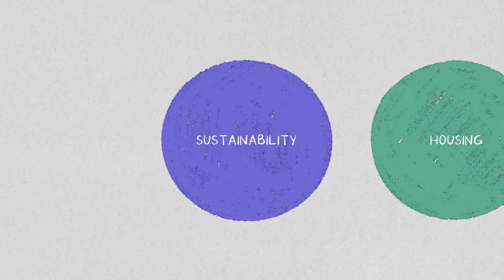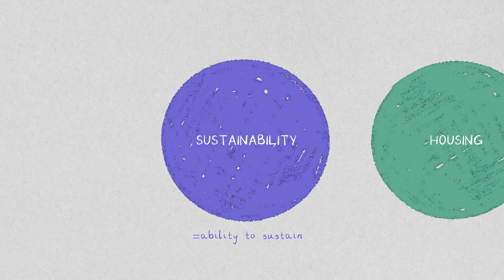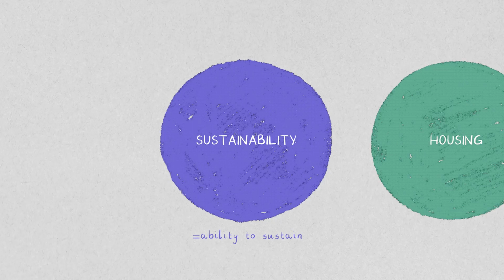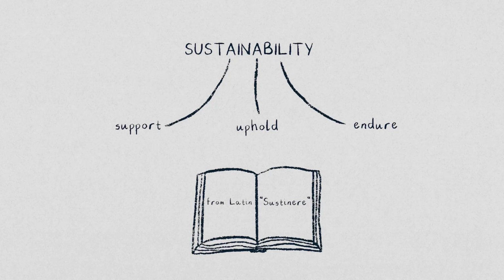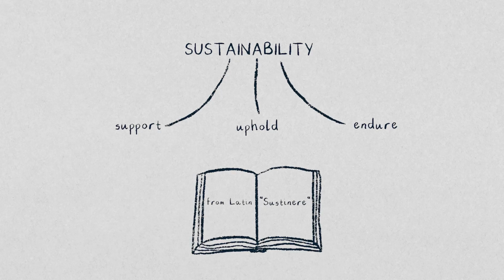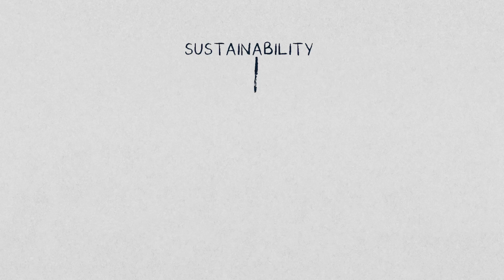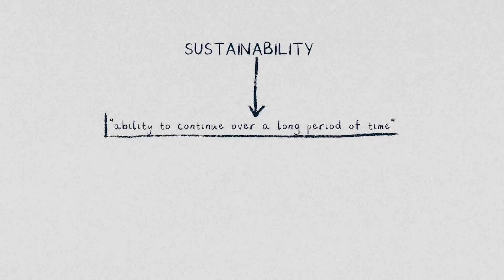Sustainability, or the ability to sustain, is a widely used term that has many definitions and interpretations. Linguistically, to sustain is not far from its Latin origin, sustenere, combining a variation of connotations from maintain to support, uphold, and endure. So sustainability means something like the ability to continue over a long period of time.